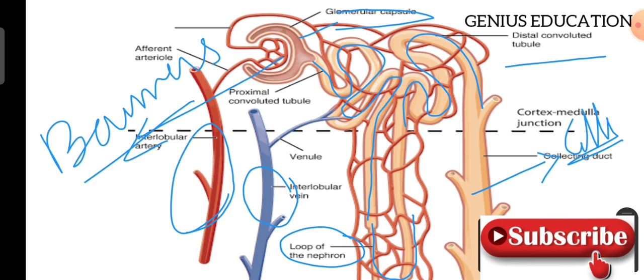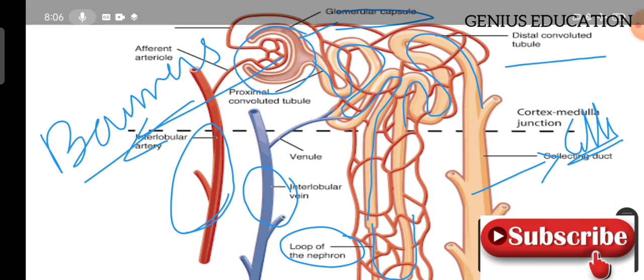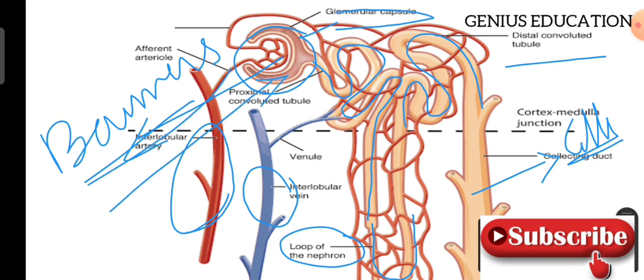The first one is filtration, which takes place inside the Bowman capsule. The Bowman capsule is a very small, coil-like structure connected with the proximal convoluted tubule, which is very important for reabsorption of sodium, potassium and other ions, like amino acids, glucose, vitamins and other necessary elements.